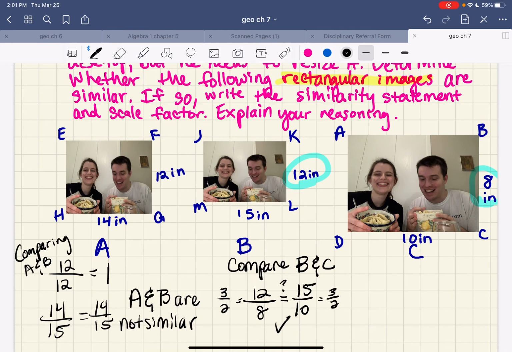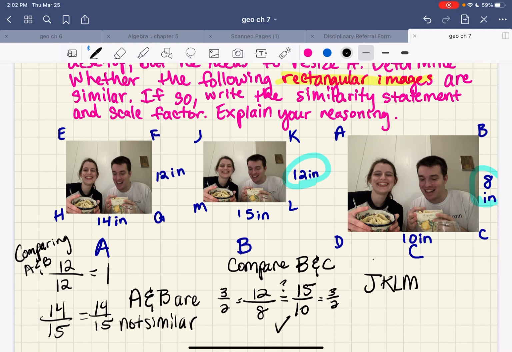I'm going to just write that as, I think I can just use the statement like image B is similar to image C. But let's write it out the long way anyway, just in case.